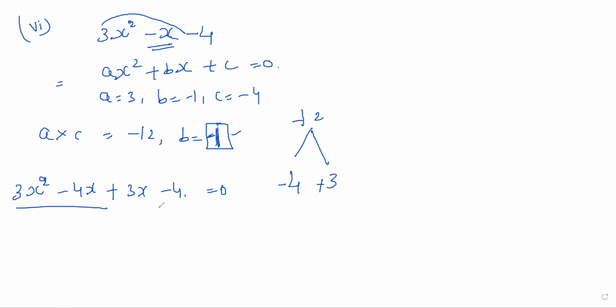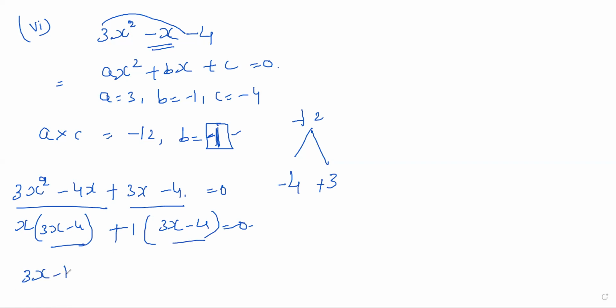What is the next step? Yes, I'm going to group the terms. What is common here? Common is x. So x into 3x minus 4. And what is common here? Nothing, just write 1. That is equal to 0. See, 3x minus 4 is common, so take it outside the bracket. And what is remaining here? X. And here it is 1, equal to 0.